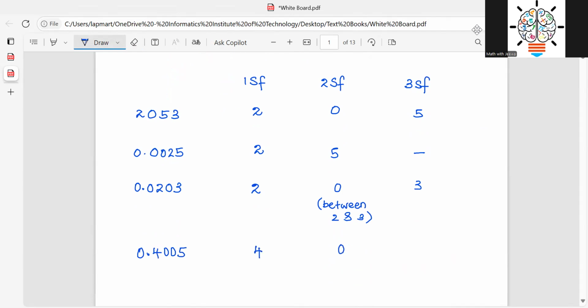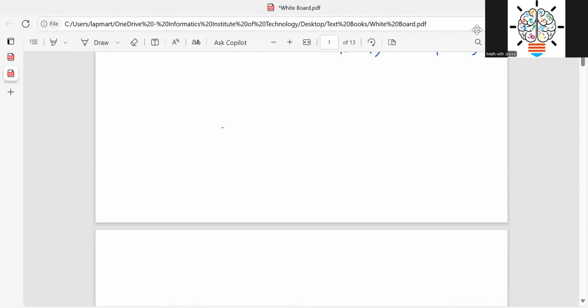The second significant figure is 0, and this is also 0. The 0 after 4 and the 0 before 5, both zeros become significant figures, but the front 0 is not a significant figure.